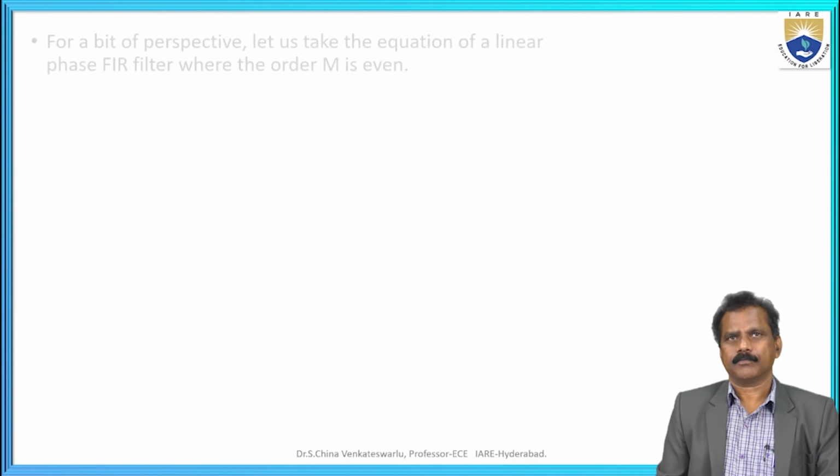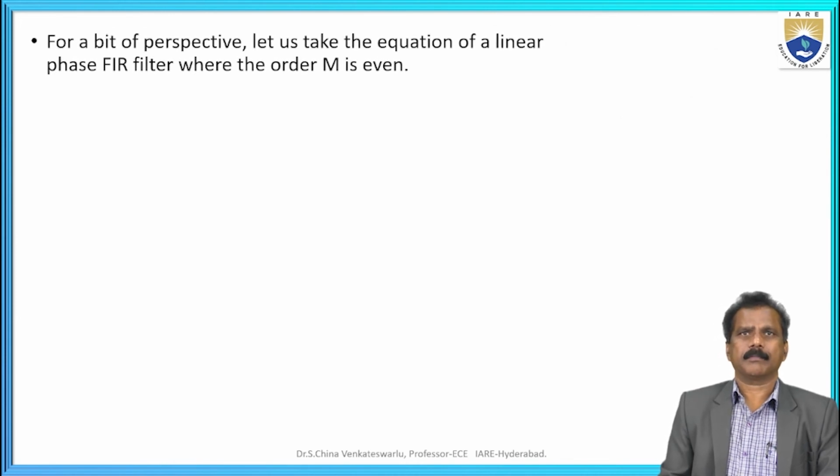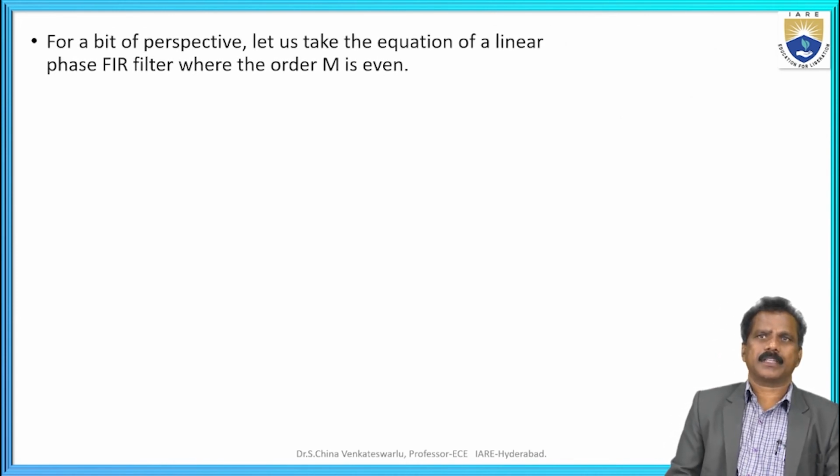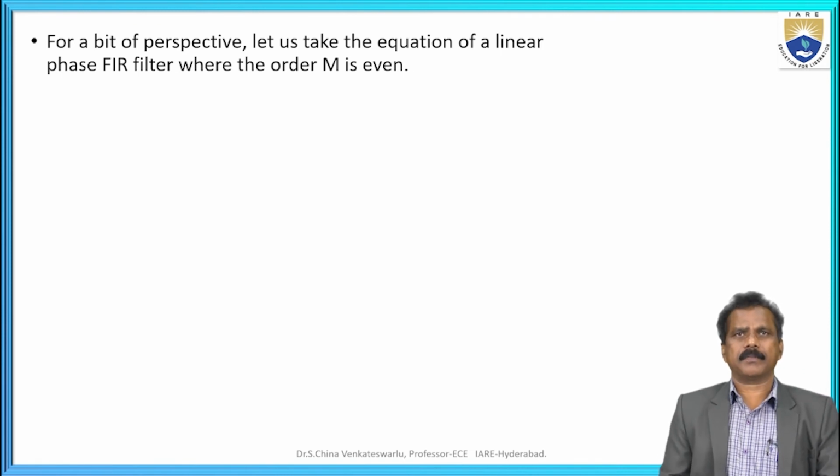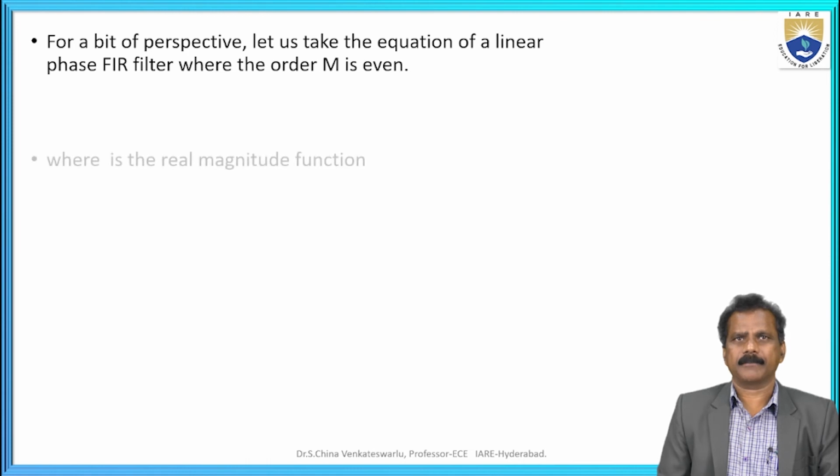Now, for a bit of perspective, let us take the equation of the linear phase finite impulse response filter where the order M is even. If M is odd, we will interpret that separately. In this case, the FIR filter order capital M is even.